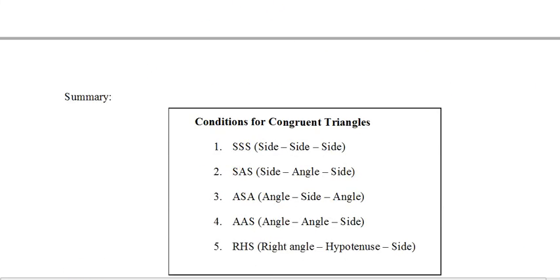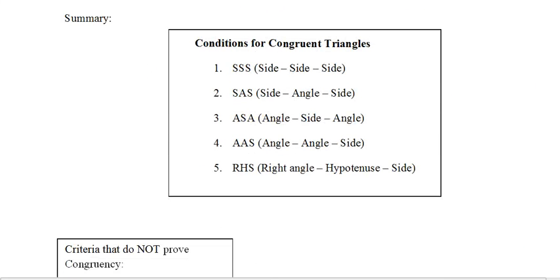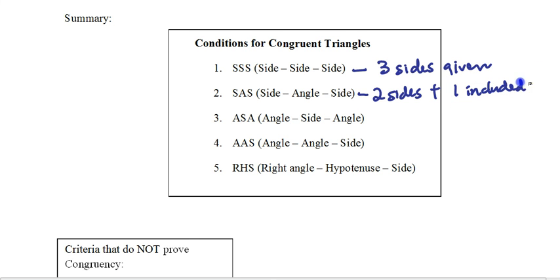Right, so in summary, you see that we have learned 5 conditions for congruent triangles. The first condition happens when you have 3 sides given to you, triple S. The second one is when you have 2 sides plus 1 included angle. Angle side angle is when you have 2 angles and 1 included side.